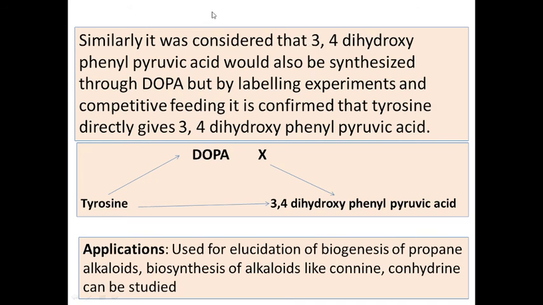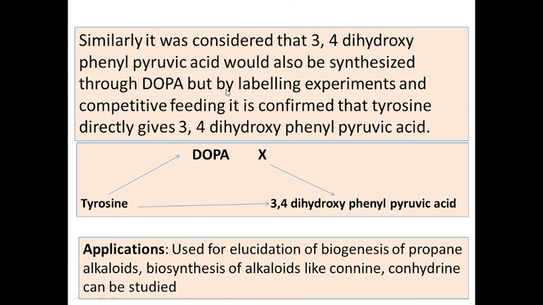Similarly, it was considered that the 3,4-dihydroxyphenyl pyruvic acid would also be synthesized through DOPA, but by labeling experiment and competitive feeding, it is confirmed that the tyrosine directly gives 3,4-dihydroxyphenyl pyruvic acid.